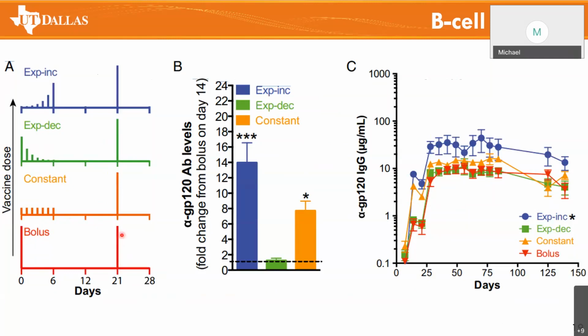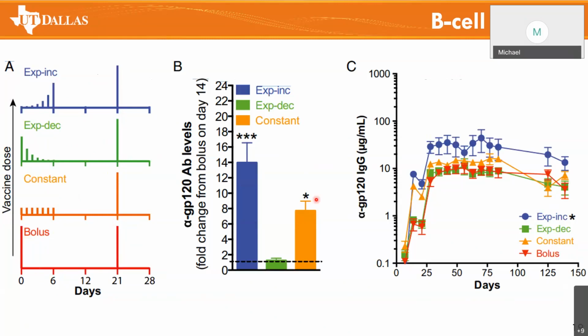In this experiment, they looked at a constant injection, an exponential decrease followed by a booster shot, and an exponential increase followed by a booster shot. In all cases, the antigen delivered was the same concentration at the end.